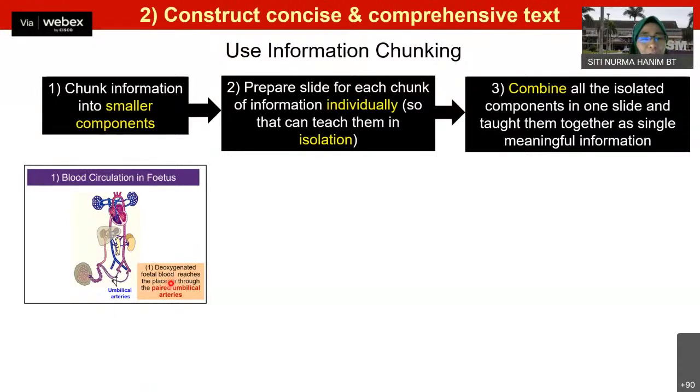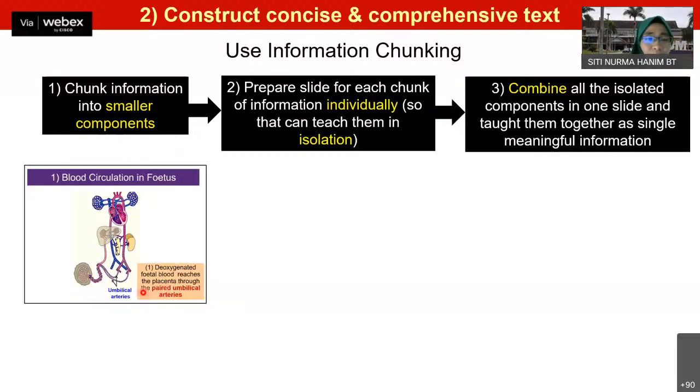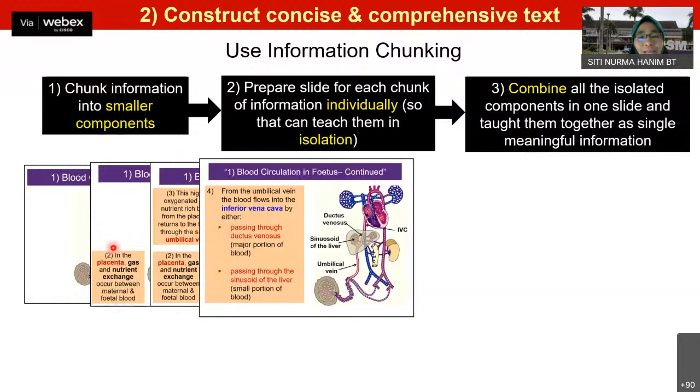After you have introduced this one, make sure you explain with your own words about the process. Then number 2, introduce the second info with the appropriate labels. Only the structure that we want to explain is labeled; other structures are not labeled at all. Then you introduce the second info, the third info, and the fourth info.